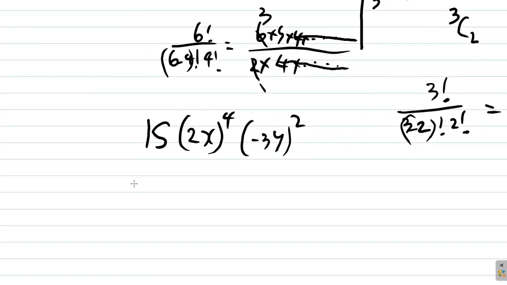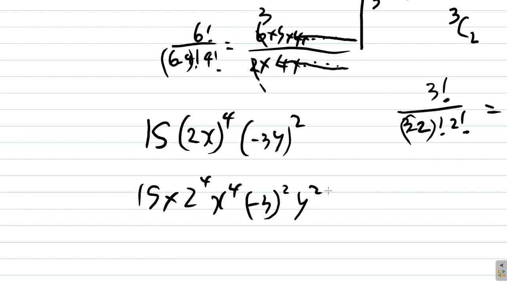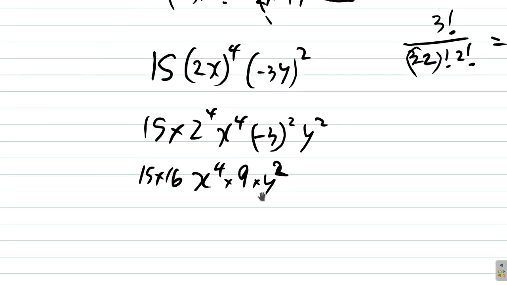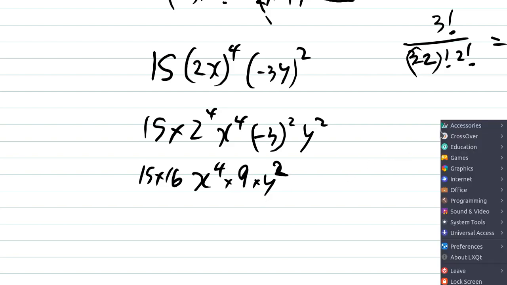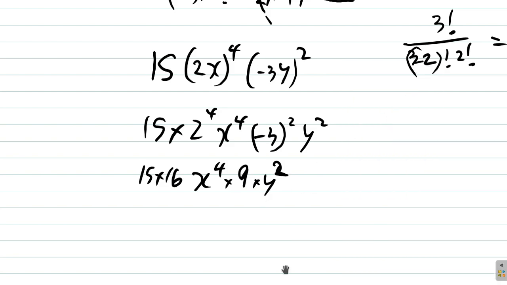Now, to simplify this. 15 times, this is really 2 to the 4th times x to the 4th and negative 3 squared times y squared, right? So 2 to the 4 is what? 16. 15 times 16, x to the 4th, and negative 3 squared is what? Positive 9 times y to the 2. So you work out 15 by 16 by 9.